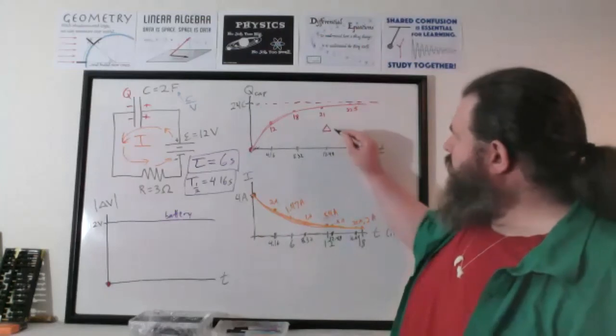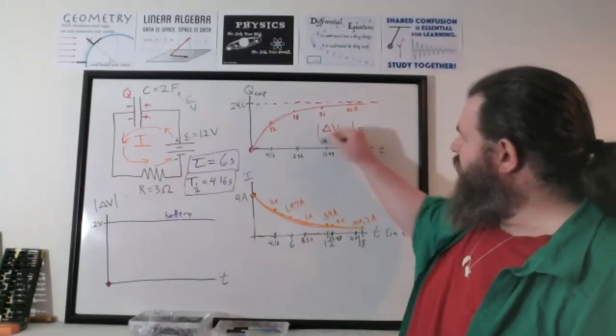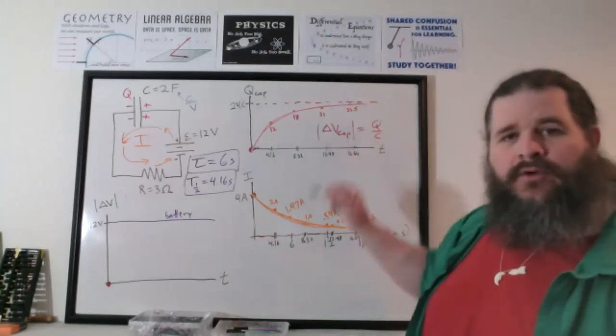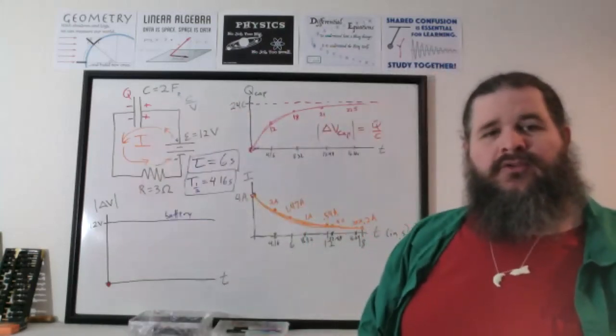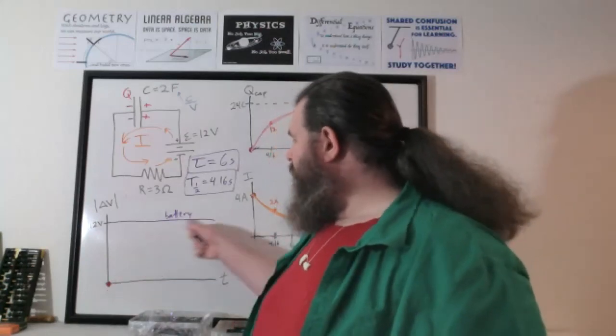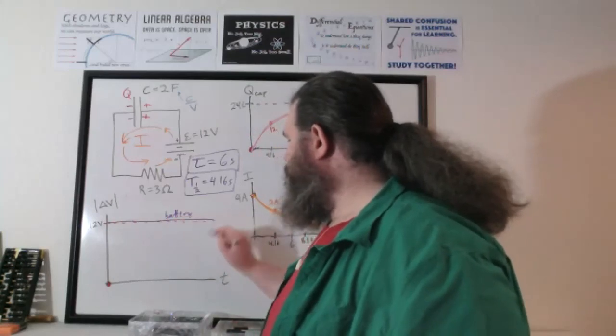Yeah, because as always, delta voltage of the capacitor, at least as an absolute value, is charge over capacitance. So the final charge, 24 coulombs, divided by the capacitance, 2 farads, 24 over 2 would be 12 volts. So the capacitor is going to exponentially decay towards an asymptote of 12 volts.